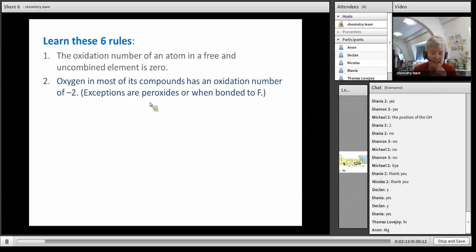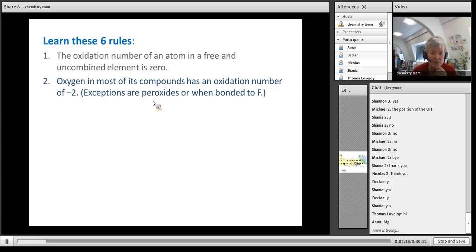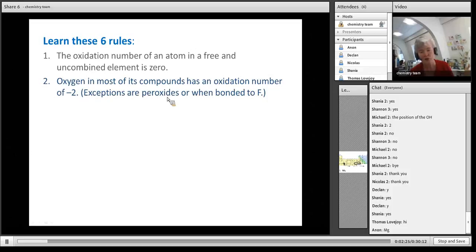Which one is that? So for level 2, there's only one exception you have to learn. The special case is hydrogen peroxide, which is H2O2, and then it's -1. So that's the only exception you have to learn.